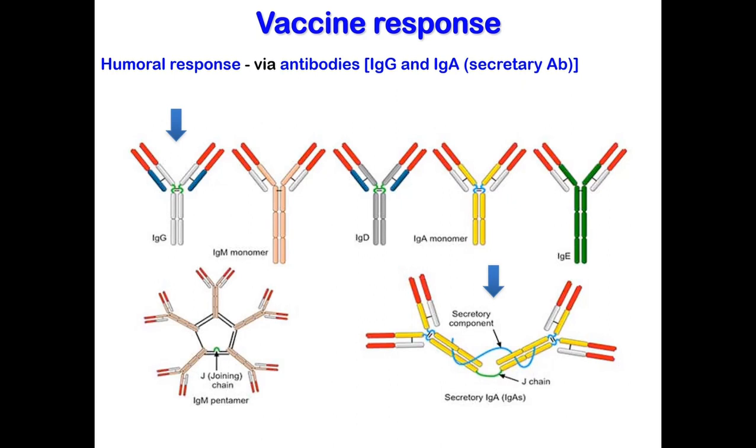Similar to the IgM antibodies, the IgAs are secreted as polymeric structures linked with the J chain. However, IgAs are secreted mostly as dimeric molecules, so that's two antibodies linked together rather than the 5. You can see the secretory IgAs at the bottom right hand of the slide.